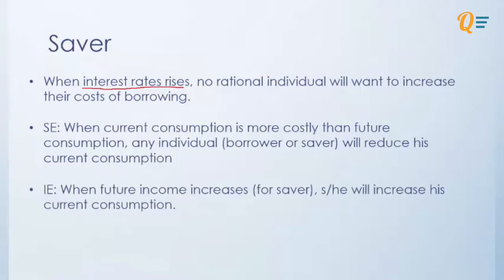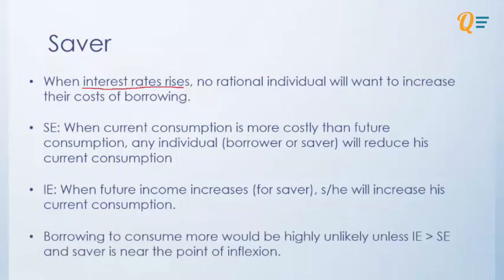And now for the income effect, for a saver, his income depends on the future, because he's saving more. That's why his income, or rather consumption, depends on interest rates. So since we know interest rate increases, income has to increase, and therefore he can increase his consumption. So this will increase his current consumption as well as future consumption.